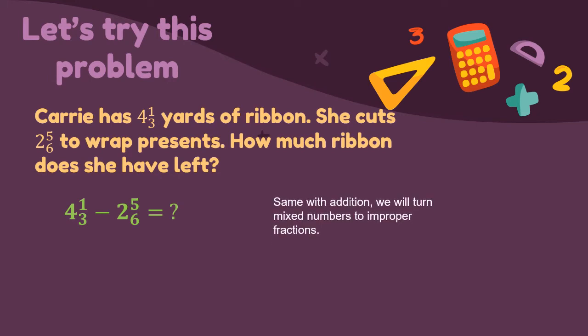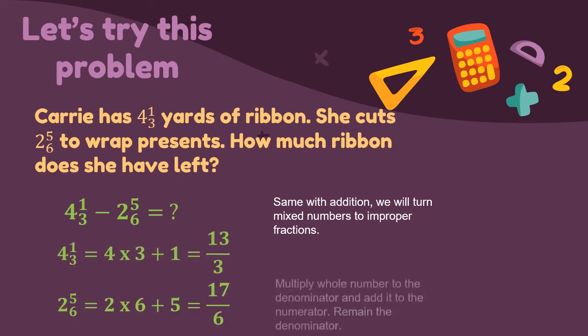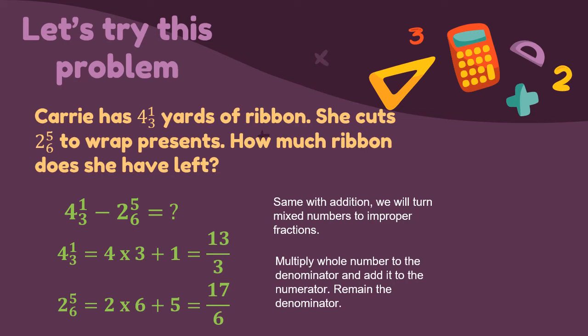Same with addition, we will turn mixed numbers to improper fractions. So we have 4 and 1/3 is equal to 4 as the whole number, multiply it to the denominator, which is 3, and then add it to the numerator, which is 1. So we have 4 times 3 plus 1 is equal to 13, and remain the denominator, which is 3.